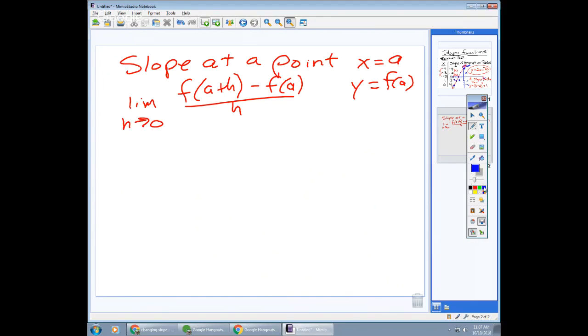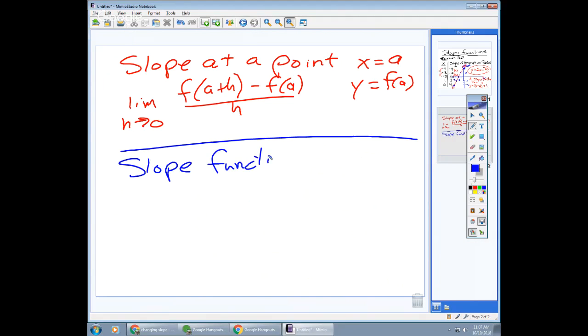And today we're generalizing that, and we're not going to pick a number for a. Instead, we're going to do a slope function, which is very similar. The slope function is called f prime of x. It's also called the derivative function.